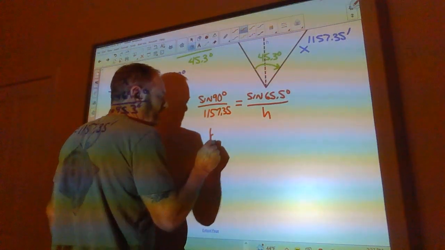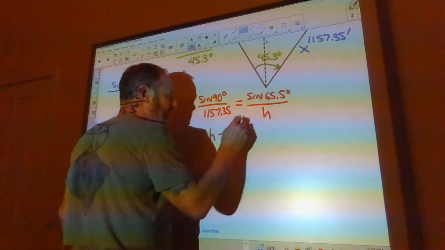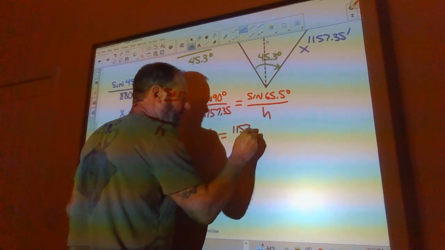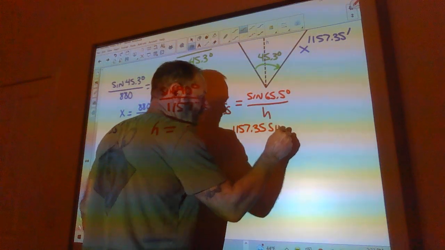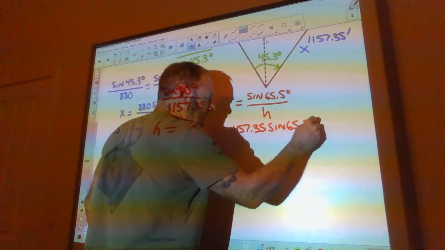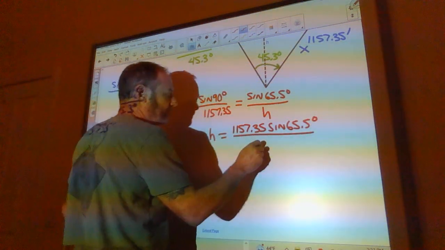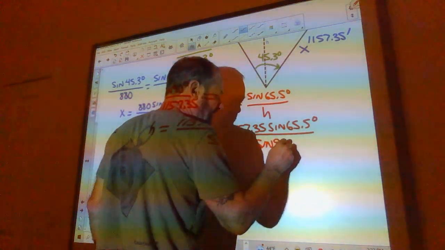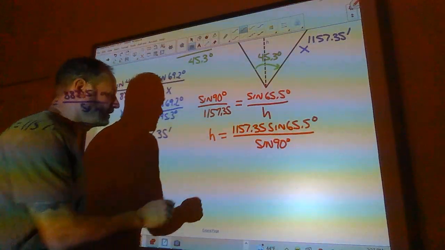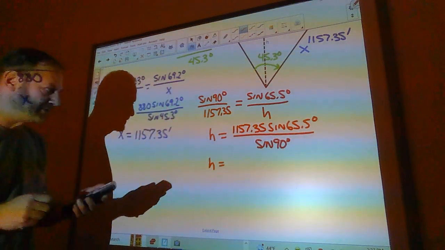And now I know that h is going to equal this times this divided by that, which again, sine of 90 is just 1, so that should be easy. I really only have to do the top of this thing.